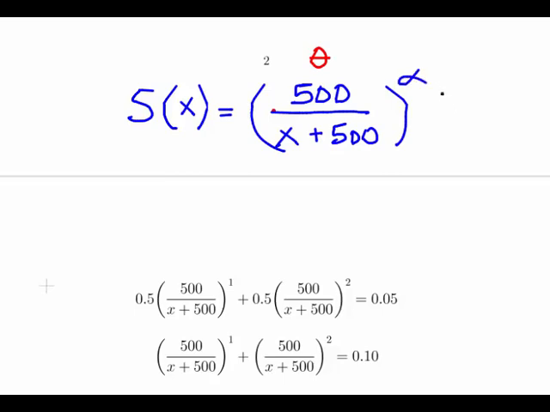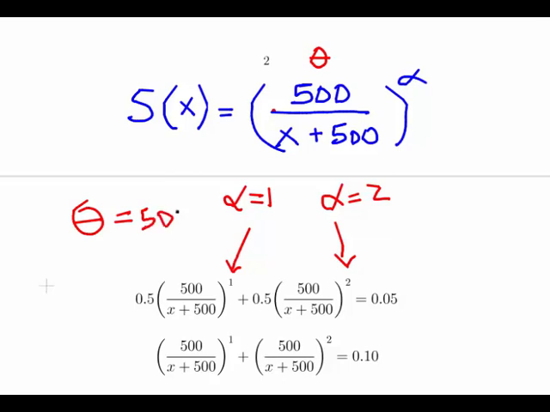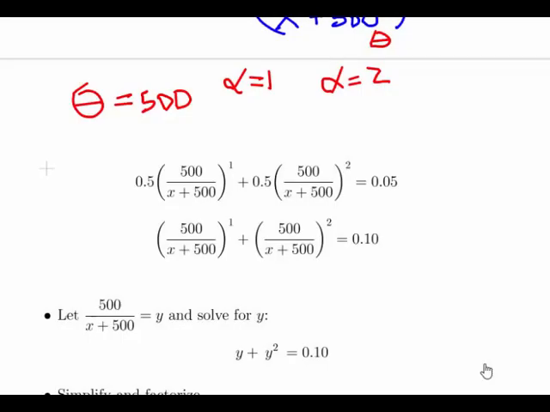That is what our survival function works out to be. So we have two survival functions for two distributions. In one case the alpha value is 1, and in the other case the alpha value is 2. Hence we have 1 here and 2 here. In both cases theta is 500, so we don't have to worry about that.